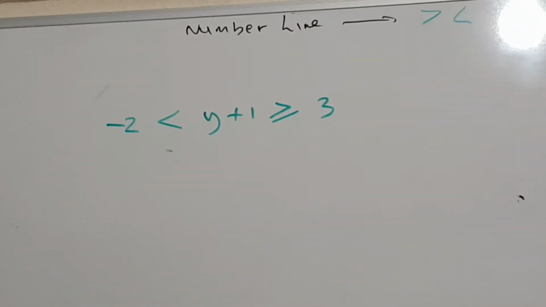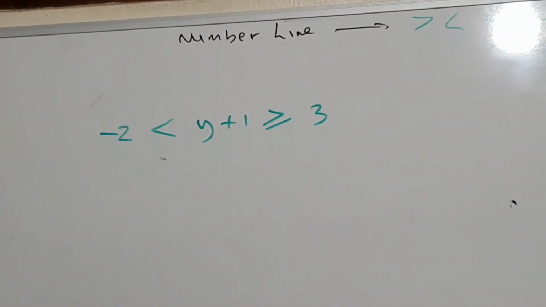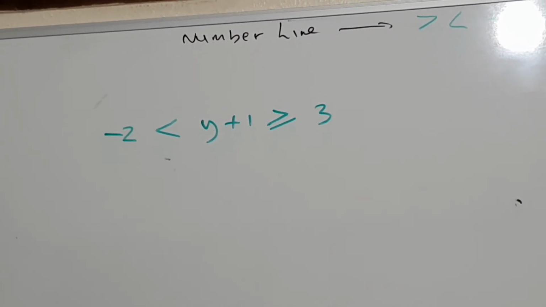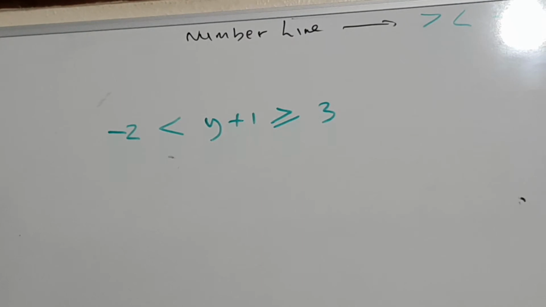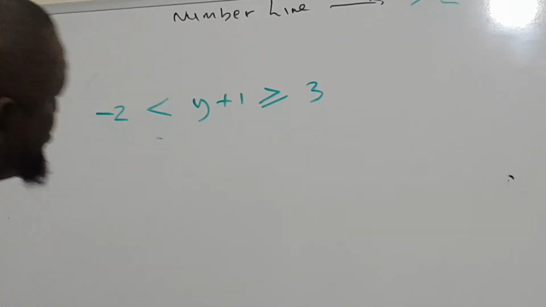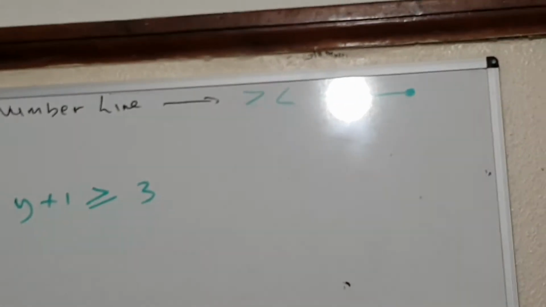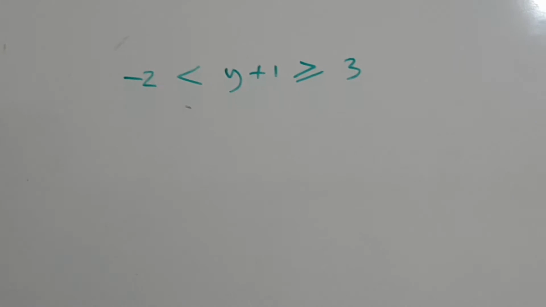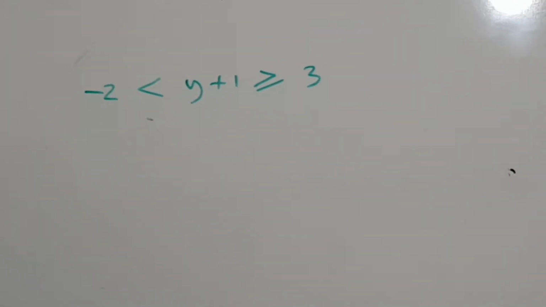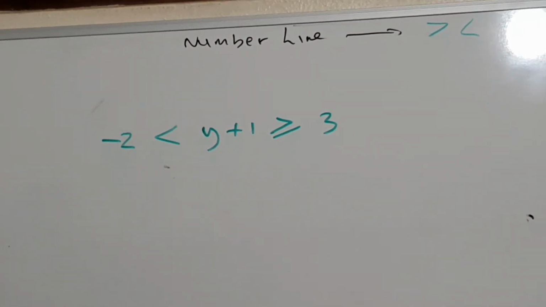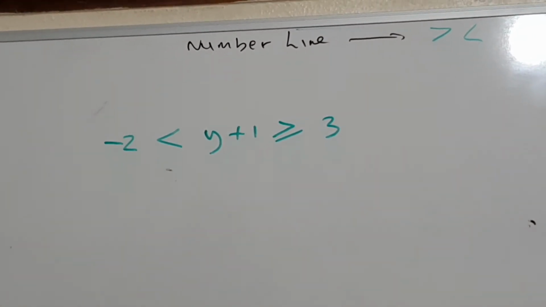I know you all did simple algebra. Now, let's look at this. What do you think? No, the minus 2 would go this way. You haven't done this. You have to make that two different equations.